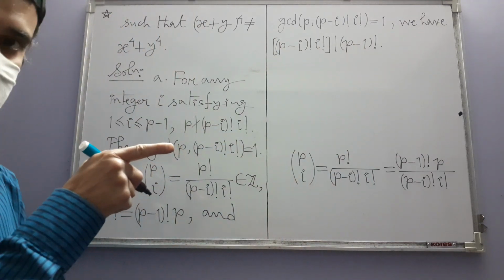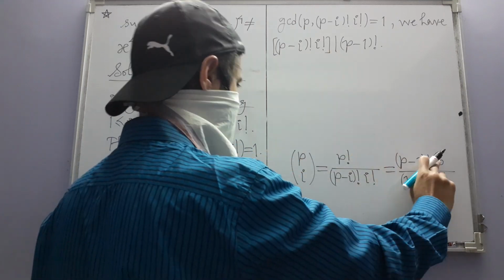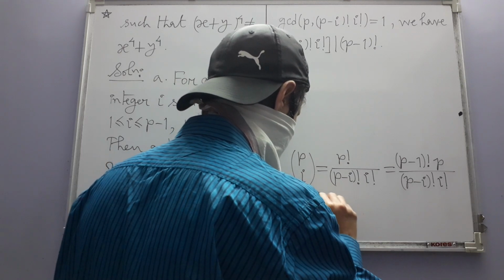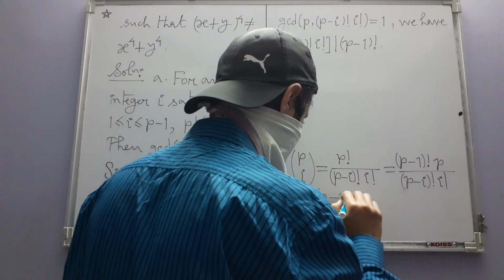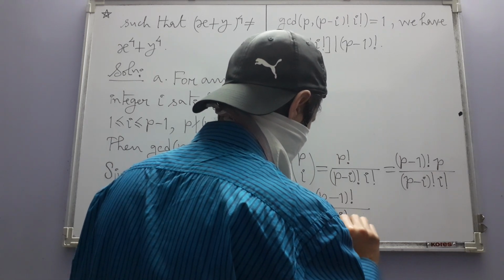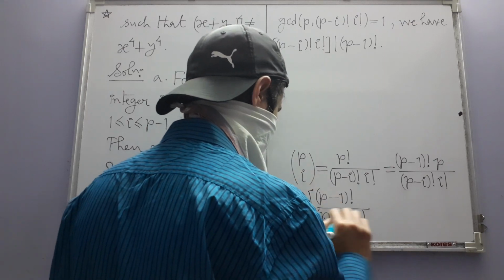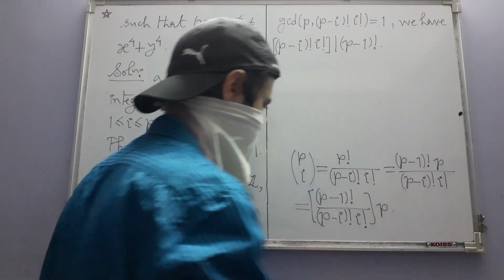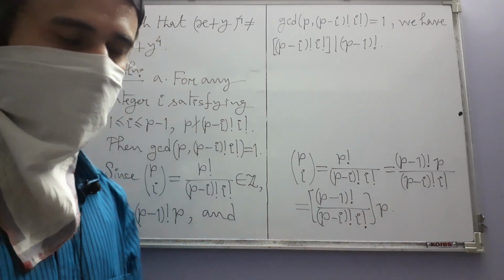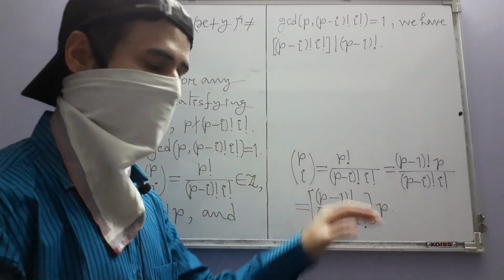But now if this denominator divides this, then this quotient can be written like this. This is an integer times P. So that means whatever integer this is, it's actually divisible by P.